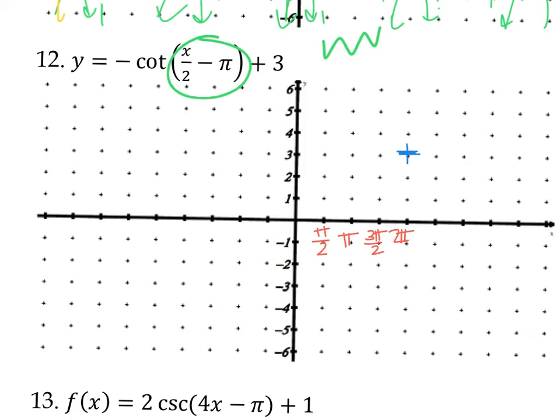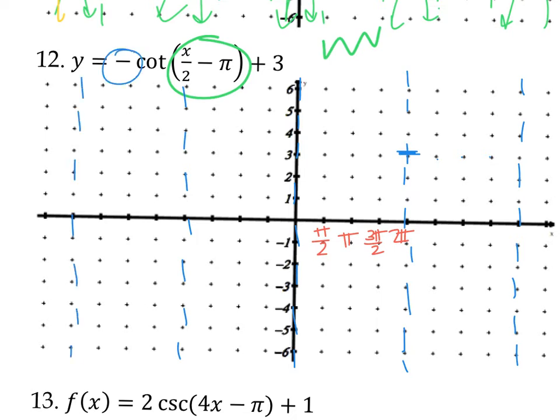So with cotangent, your origin is always your first asymptote. And then it's 1, 2, 3, another asymptote. And then 1, 2, 3, another asymptote, and so on.